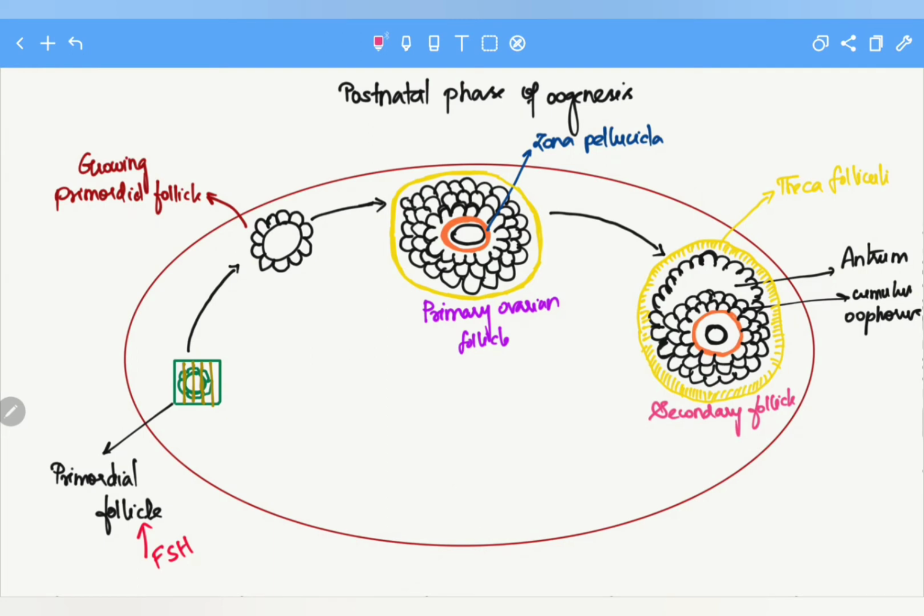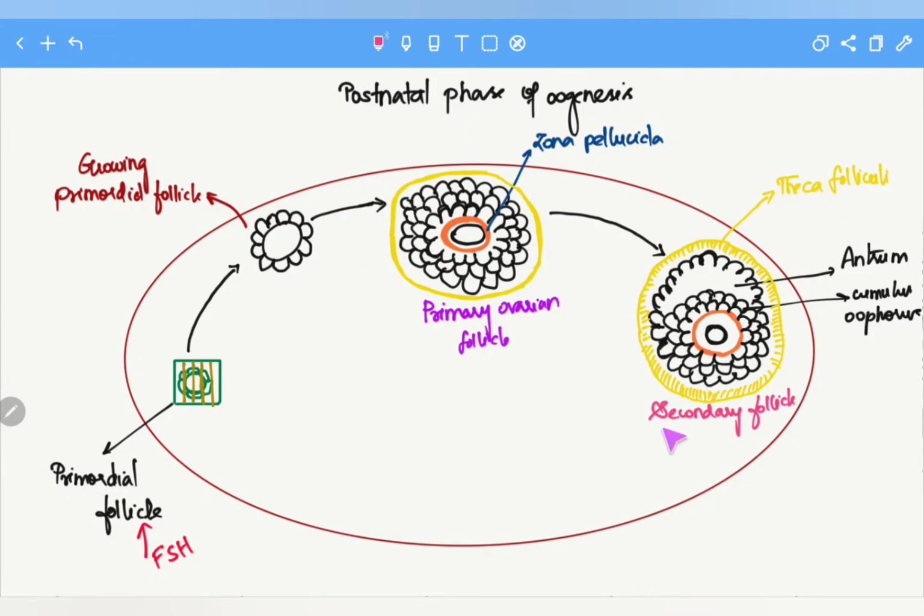After that I would like to mention one thing: during every menstrual cycle about 5 to 15 primordial follicles start growing due to the stimulation of FSH, follicle stimulating hormone. During each menstrual cycle about 5 to 15 primordial follicles start growing in the same manner, right?